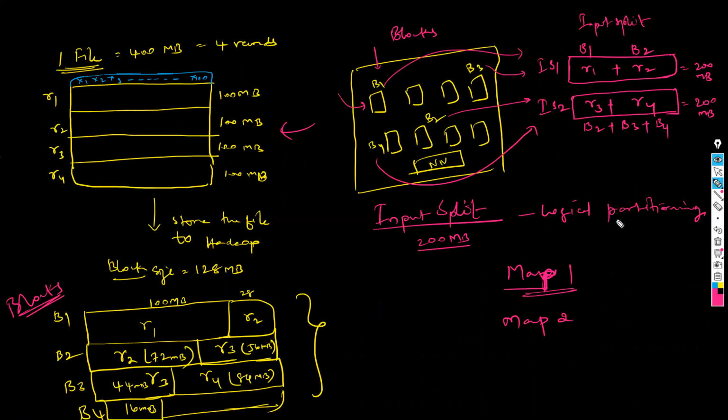So I will be able to perform a valid transaction, a valid write or retrieval job on that data. Making sense? Input split? Any questions here? Very important concept, guys. Is it clear?